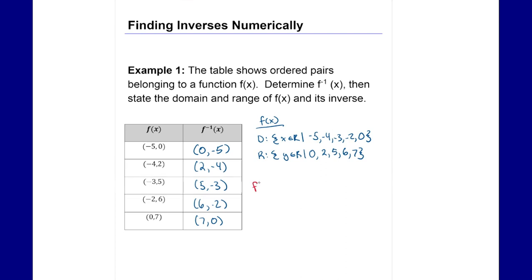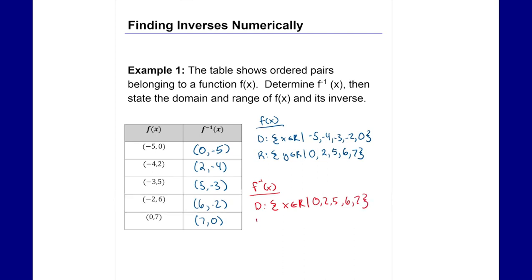For the inverse of f at x, same idea, except we're listing still our x values. So here we're going to have 0, 2, 5, 6, and 7.